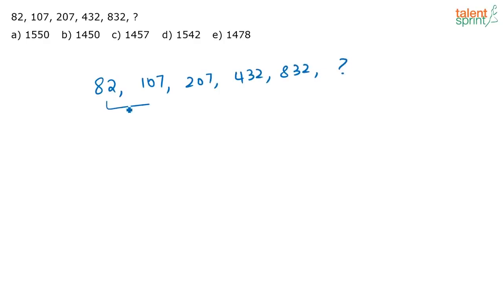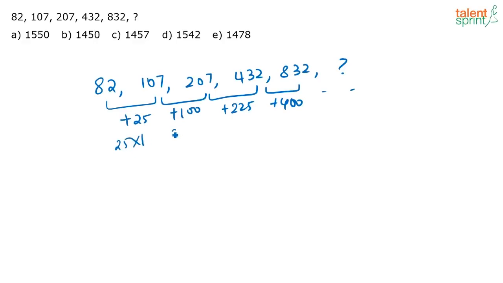So the pattern that is being followed here is, see, 82 plus 25 is giving you 107. 107 plus 100 is giving you 207, then plus 225, plus 400 and so on. So what is this actually? 25, 100, 225, 400. See, this is 25 into 1, that is equal to 25. 25 into 4 is equal to 100. 25 into 9 is equal to 225. Similarly, 25 into 16 is equal to 400.